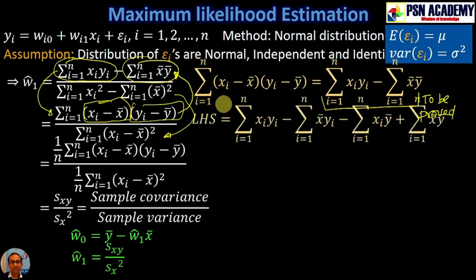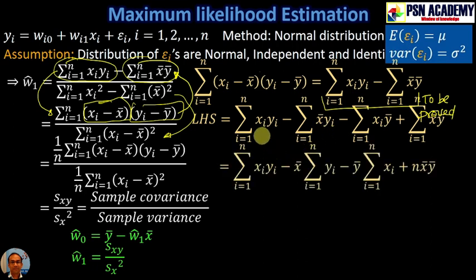Now here we go on the LHS, the left hand side, we just multiply this xi yi minus x bar yi like that. It is a simple thing. Next, this is a portion as it is, but here you pull the x bar out of this summation. So x bar comes out and inside goes the yi. Here also you pull out this y bar outside this summation, and here it is summation of x bar y bar, and it is actually n times x bar y bar.